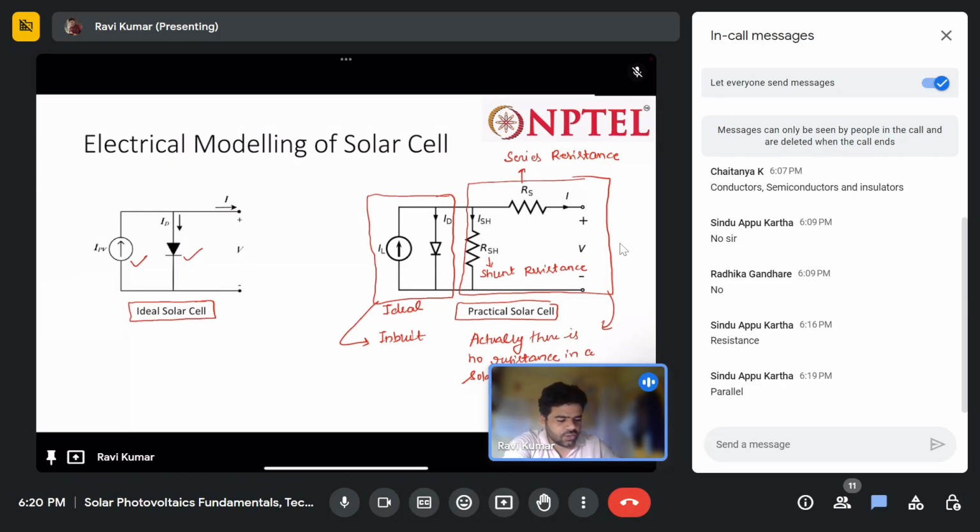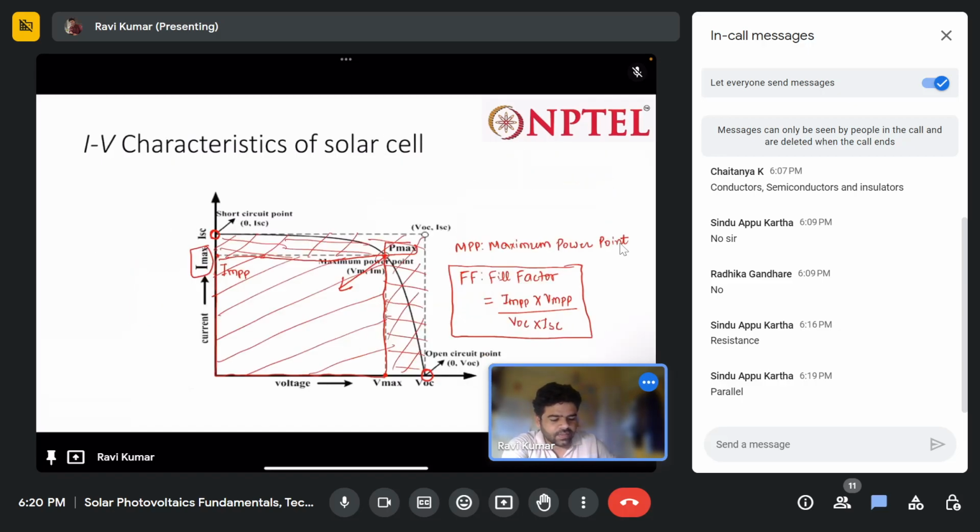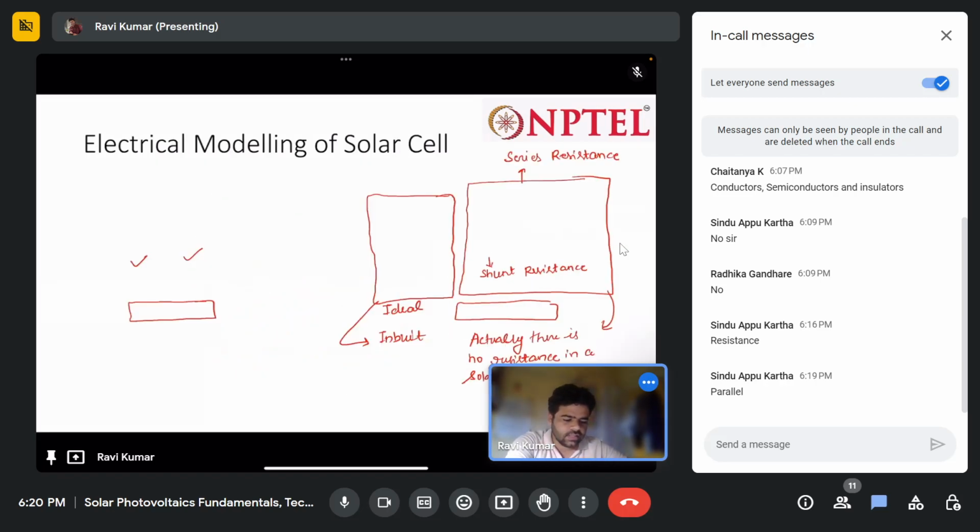Just I'll show you one thing. Let's see, this is an IV curve. I'm telling you RSH is 0. So at which point in this IV curve will my solar cell work? Just see once again.